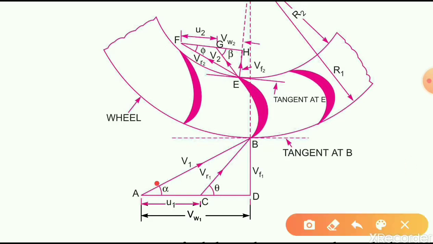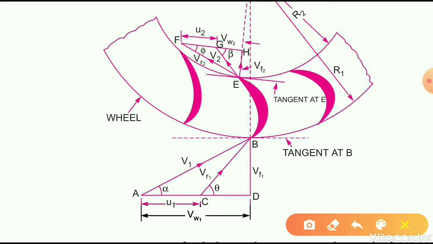The angle between the jet direction and the direction of the tangential velocity at inlet is alpha, and the angle between the relative velocity and the tangential direction of the velocity of the vanes is theta.